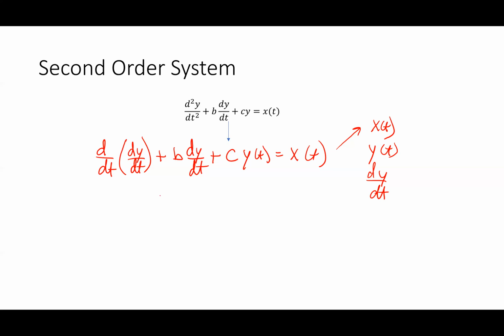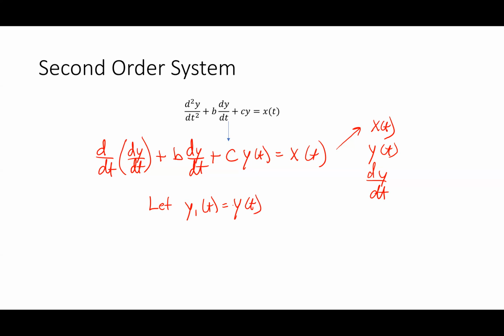So what I'm going to do is write this a little bit differently. I'm going to make two definitions. Let y1 of t be equal to y of t.